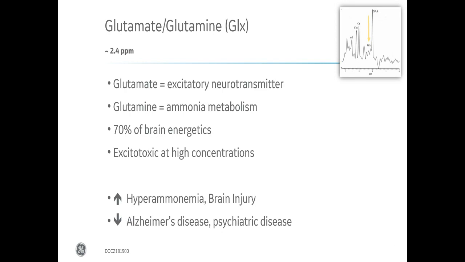And with that, in cases of hyperammonemia, that's a difficult word for me to pronounce all the time, I apologize for that, we do have a lot of ammonia production, and therefore glutamine increases by sometimes several factors. So you really see an increase in that signal in these diseases.